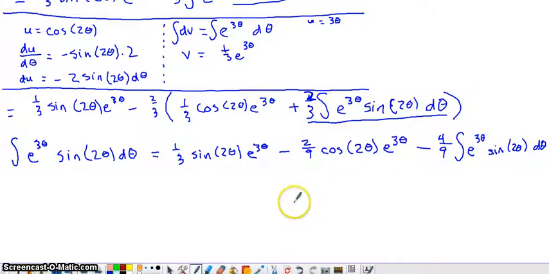Now, if you think about this as one great big equation, what we want is to know what this equals. We have a situation created right now that we can actually solve for that original integral. This is one of those integrals sitting over here. I have minus 4/9 of them over here. Why don't I just add the 4/9 of those integrals that sit over here to the one that's already on the other side of this equation?